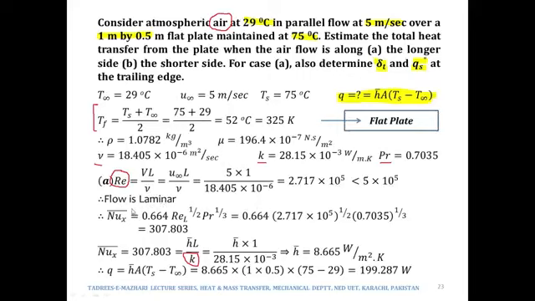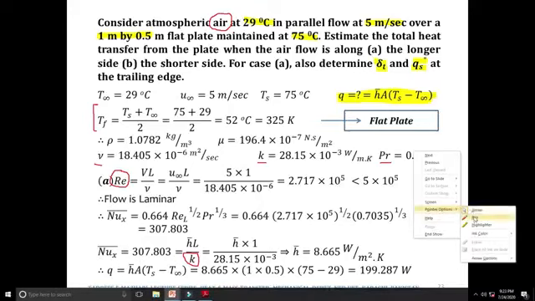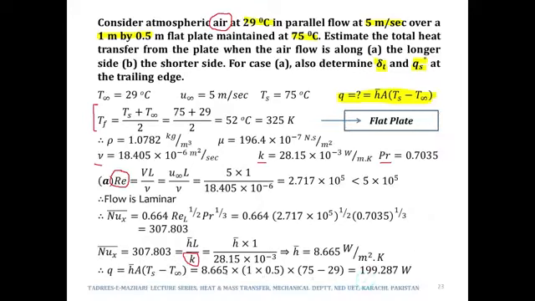And then since we need to find out the heat transfer from the entire plate, we would be finding out h bar, and in order to find h bar we would be using the expression of average Nusselt number over the entire plate, which for laminar flow is given as 0.664 Reynolds to the half Prandtl to the 1/3.